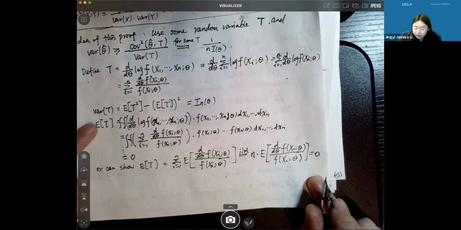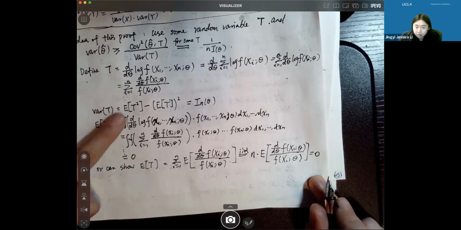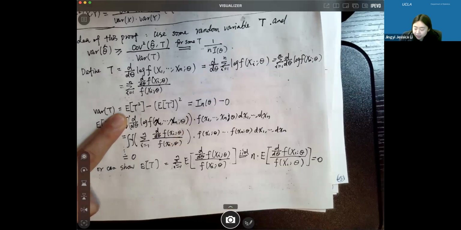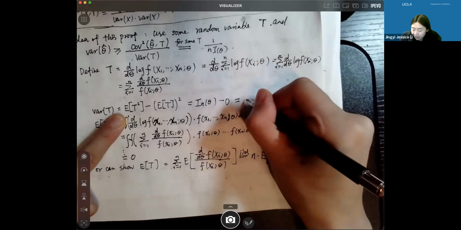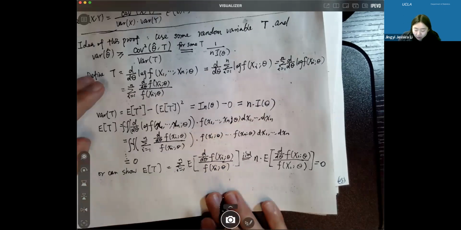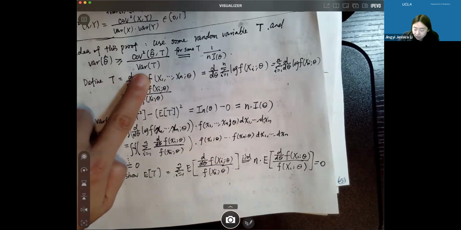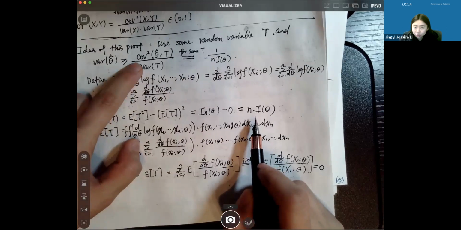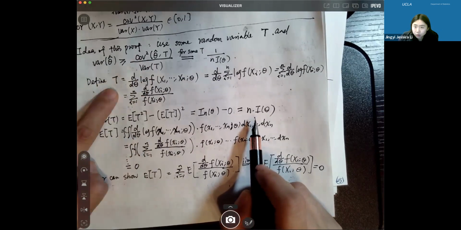So now you see, given the expectation of T is 0, the variance of T is just equal to the expectation of T squared, which is the joint Fisher information. And the joint Fisher information is just n times I(theta). So we already have the variance of T equal to n times I(theta). What's left for us is to show that the covariance of theta hat and T is equal to 1. With that, the proof is done for the Cramer-Rao.